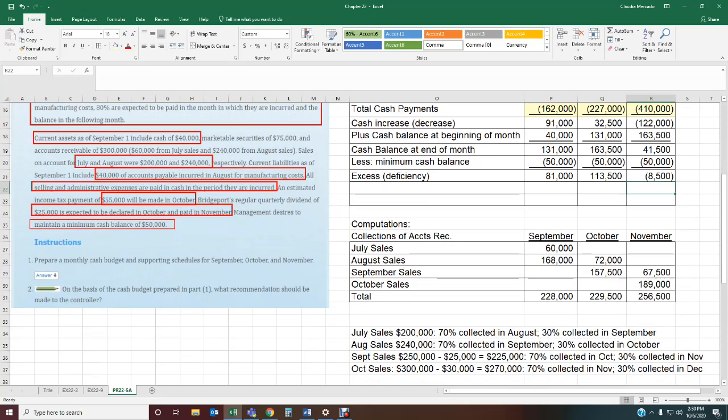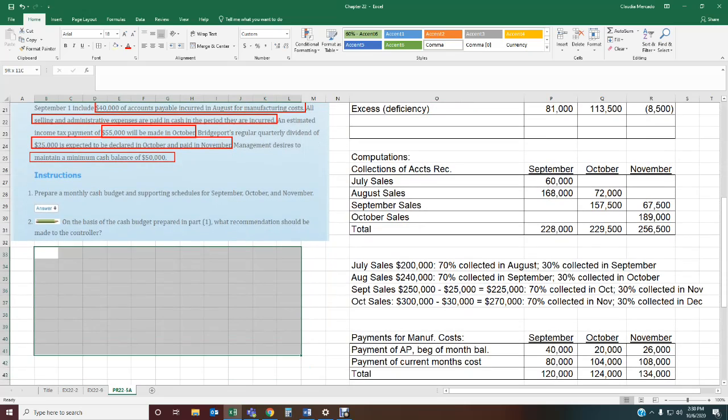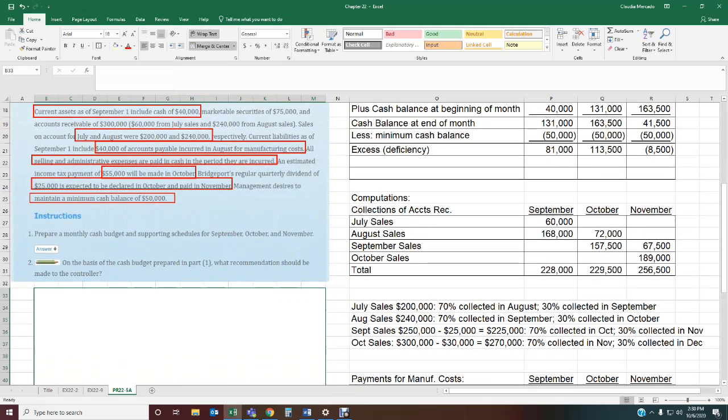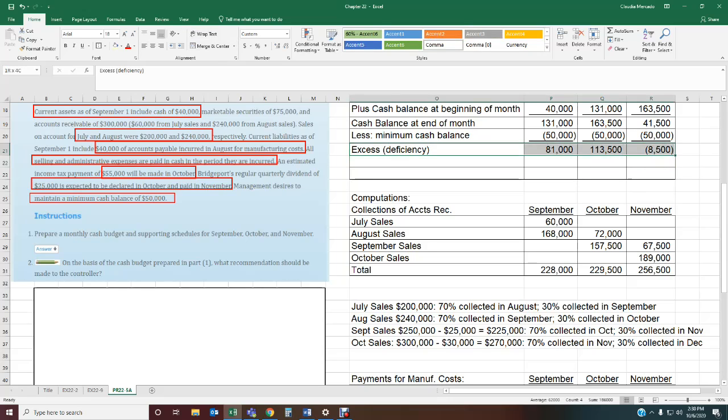So, looking at the information presented, we need to be able to make some recommendations. Let me make the recommendations right here. There we go. So this is my excess or deficiency after maintaining my minimum cash balance.